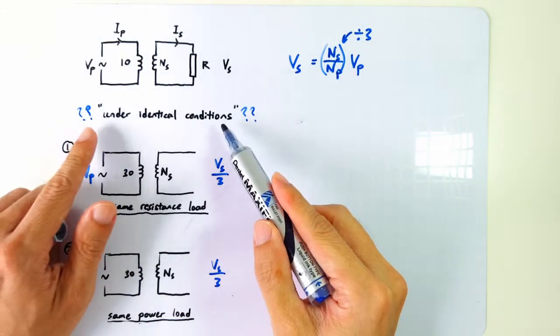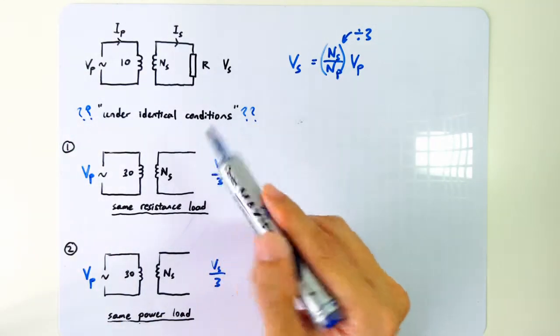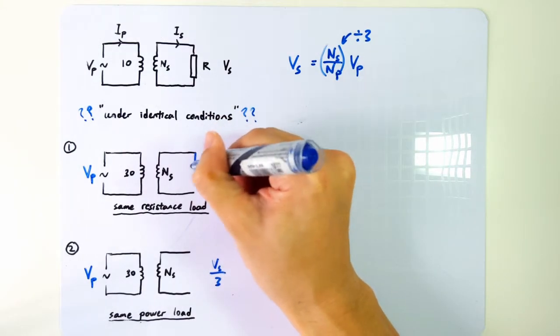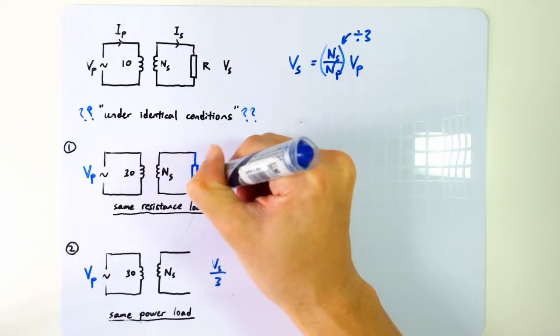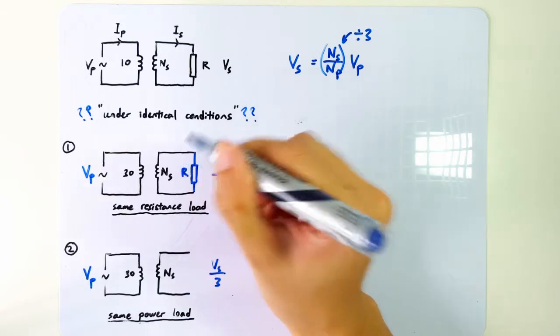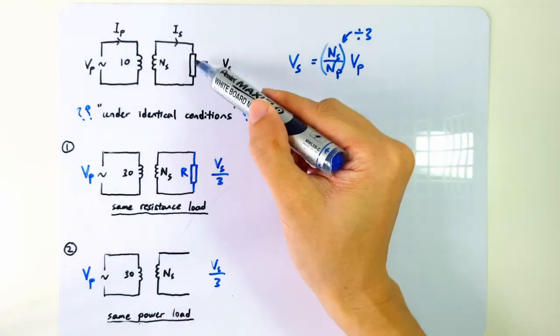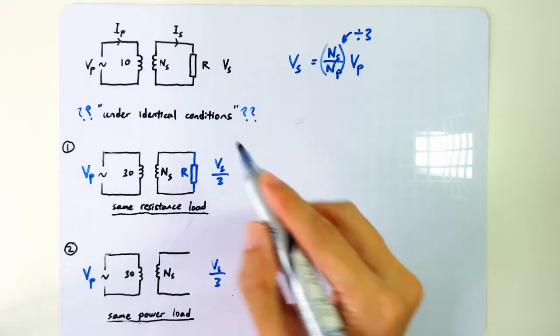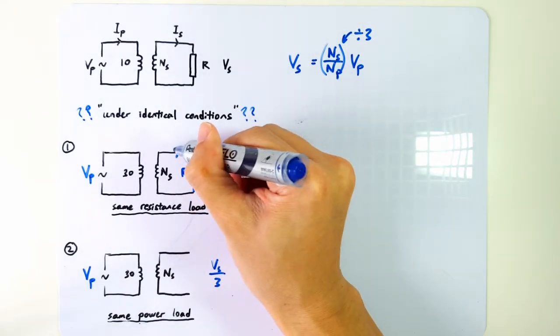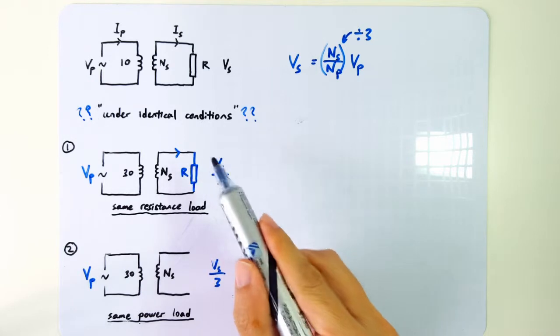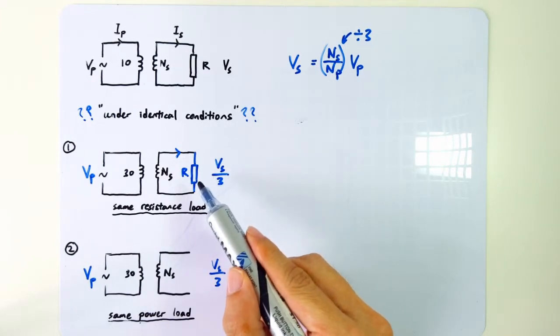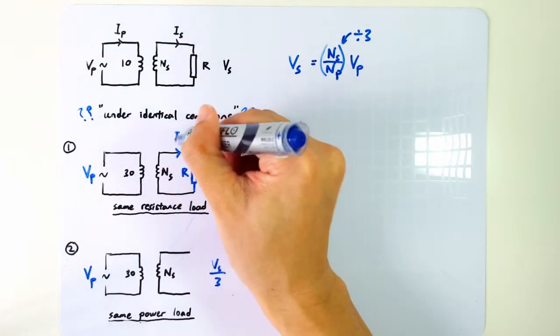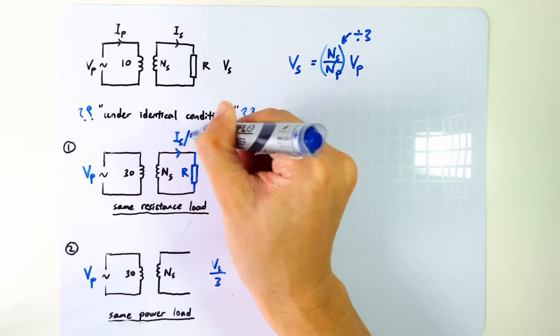The first interpretation is that identical conditions must mean that we are still connecting the same resistance across the secondary coil. So it used to be R and it's still R. If that's the case, then the secondary current is going to be reduced to Is, the original one, divided by 3 as well.